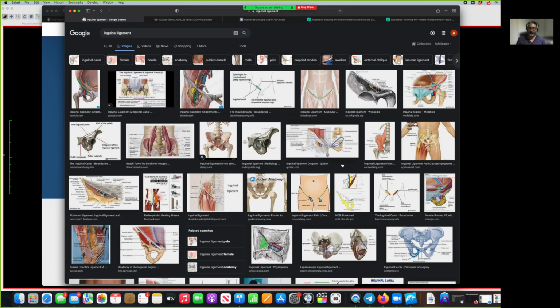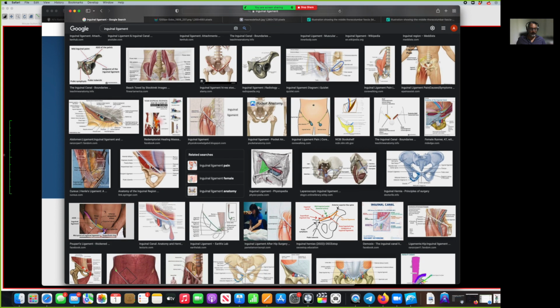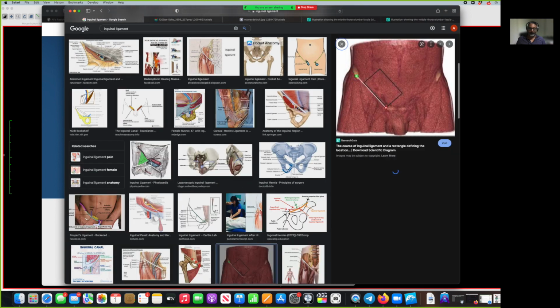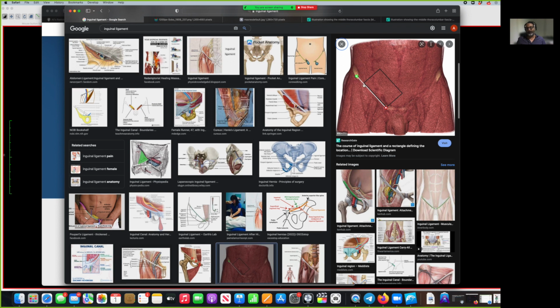A diagram that shows it relatively well. This one kind of shows it well. So actually not too well, but that's what the inguinal ligament is, and all your muscles of the anterior abdominal wall, except the rectus abdominis, they all come and attach here. So if you're following the rectus sheath, then as it crosses the ASIS at this angle to the pubic tubercle, it will be the inguinal ligament.